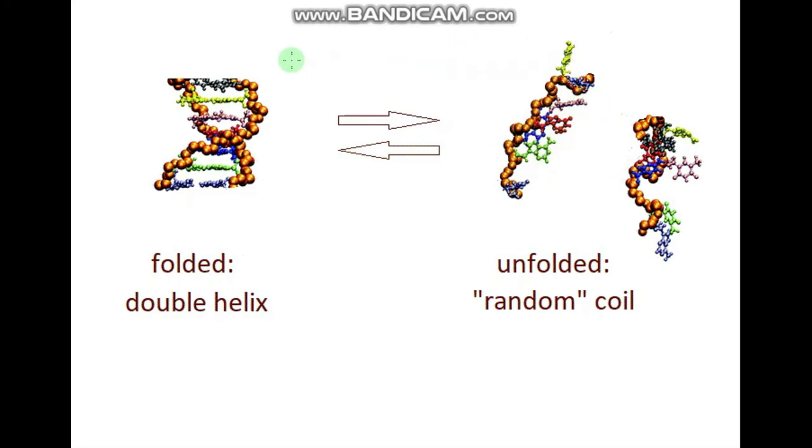When the double helix assembles, a large proportion of the non-polar surface of the bases gets hidden in the core of the structure where the bases stack on top of one another, and so that highly ordered water is now released out into the bulk solvent, where it can become significantly more disordered. So that's going to give a significant increase in entropy of the water when you move into the folded structure.